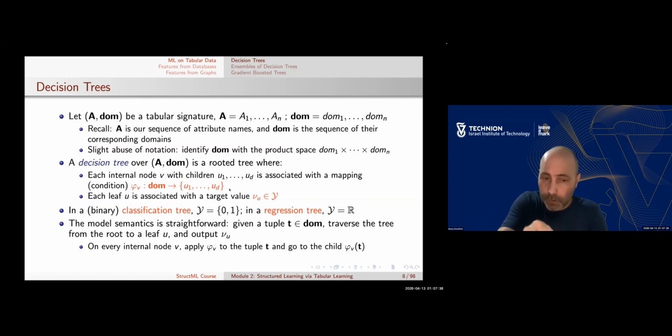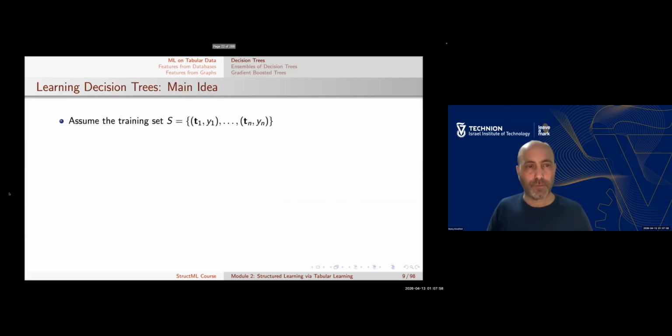You take a tuple, you traverse the tree, you reach a leaf, and you make a decision based on what's written on the leaf. How you traverse the tree is based on the child that phi v tells you to go to for every internal node v. So that's a formal definition.